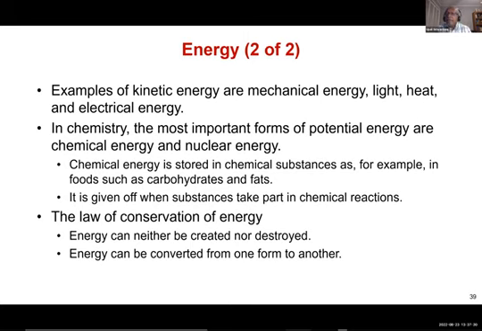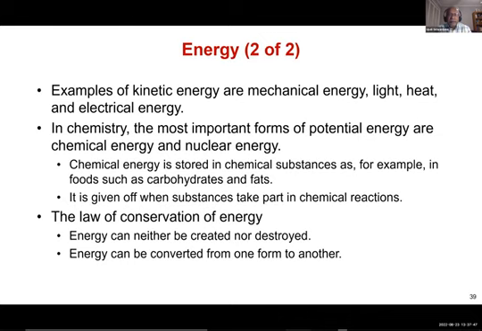Temperature is an indicator for the amount of heat. The higher the temperature, the heat is most. The lower the temperature, the lowest heat.